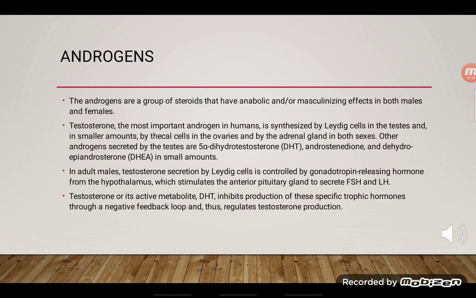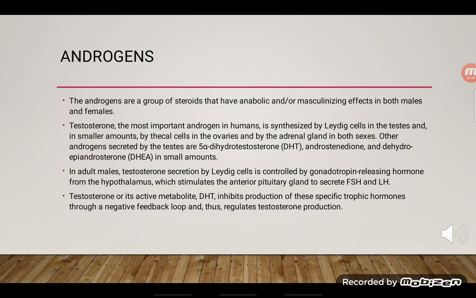The most important one out of all the hormones is testosterone, which is also produced in small amounts by the ovaries and by the adrenal gland in both sexes.